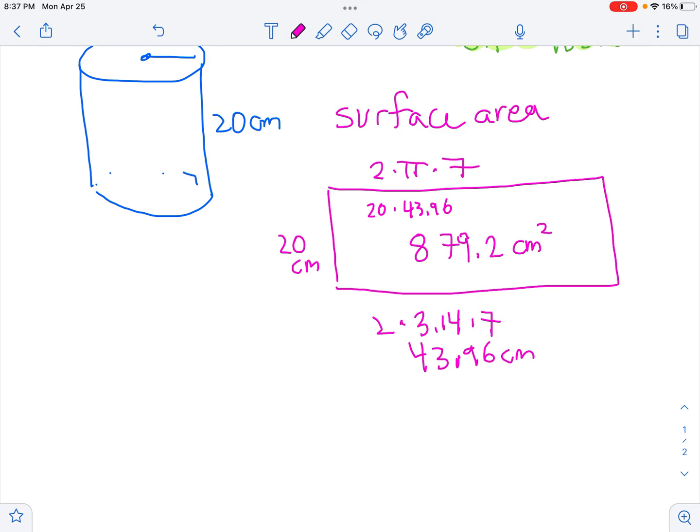That's called, by the way, the lateral surface area, and sometimes that's all you need when you're figuring out the surface area of a cylinder. You don't need the whole surface area. But to get the whole surface area, I have to include these two circles. These are terrible circles. Let me redraw.